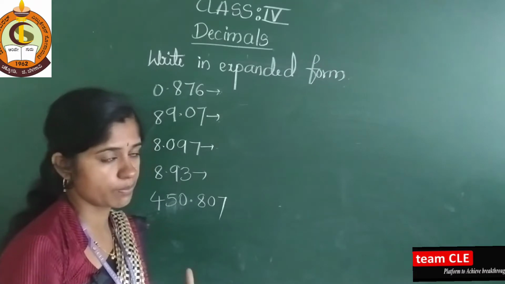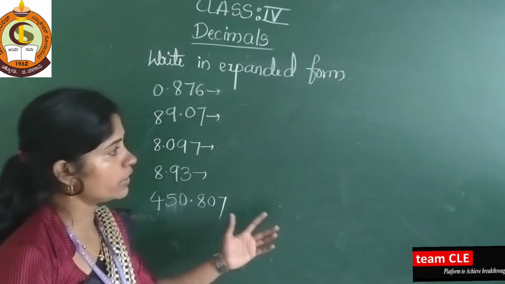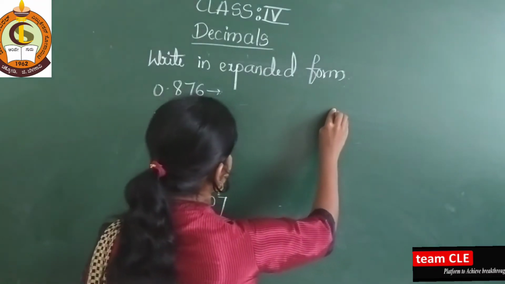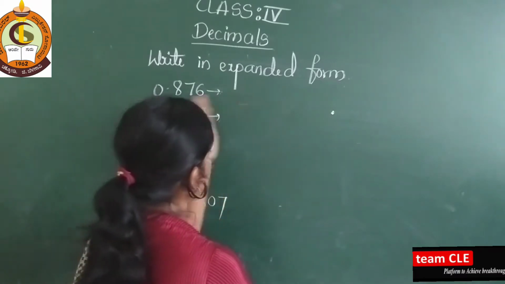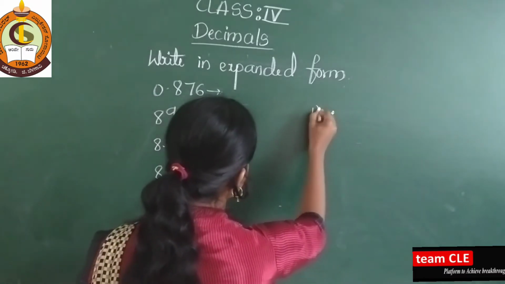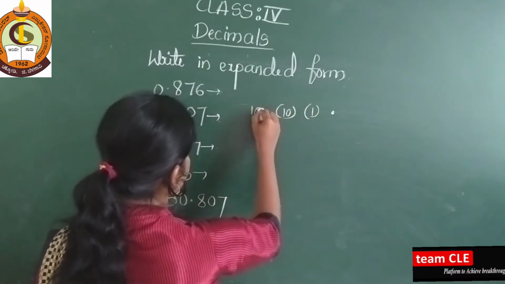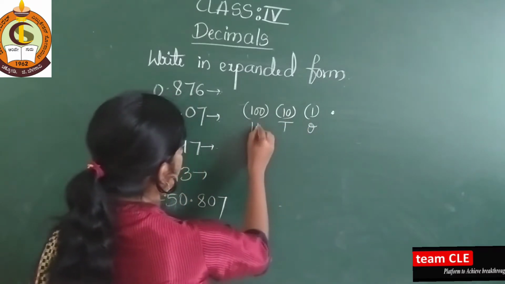Then what is this place value chart? Already we have discussed it in previous videos, so let us revise once again. Here first what will come? Decimal point. On the left side we have ones, tens, hundreds.